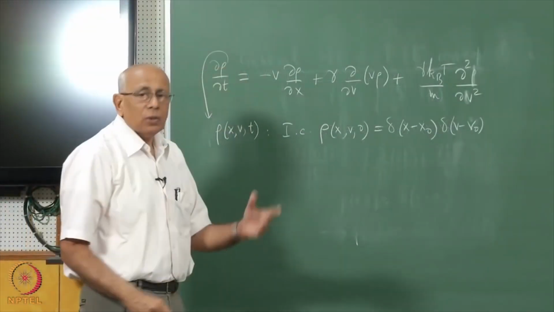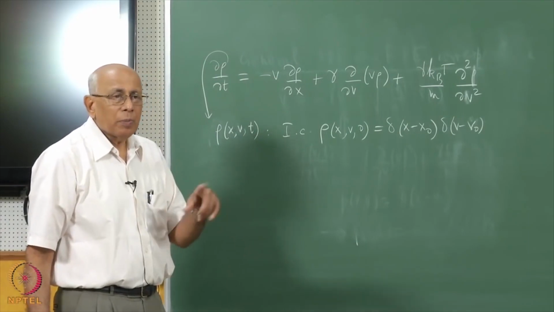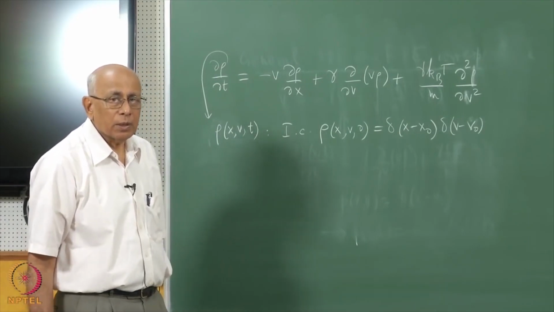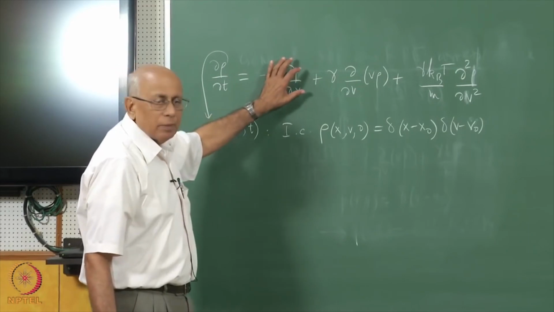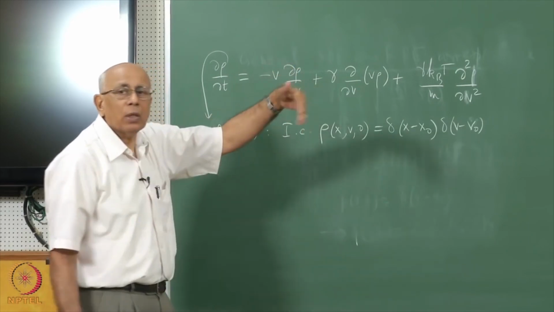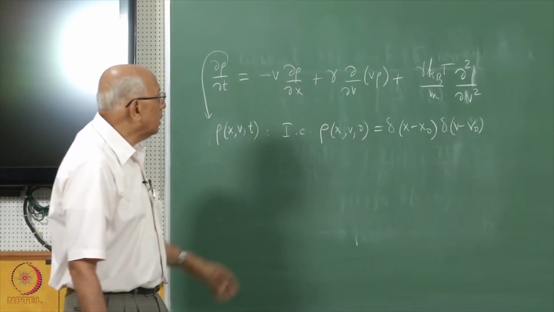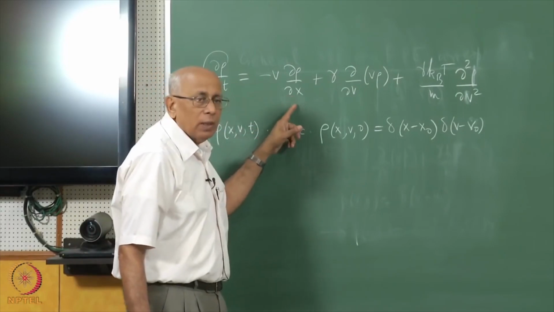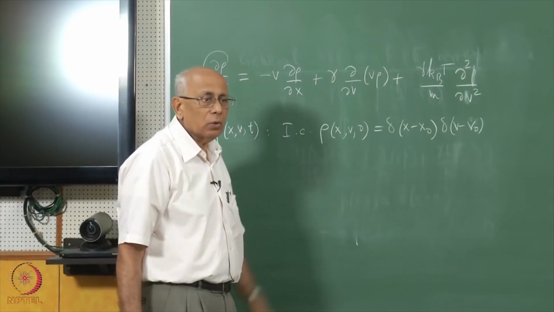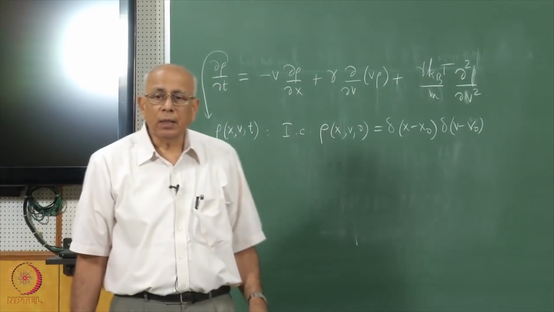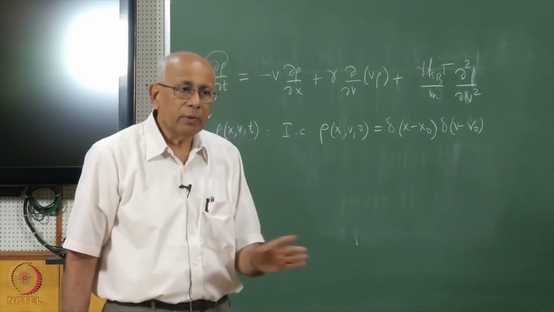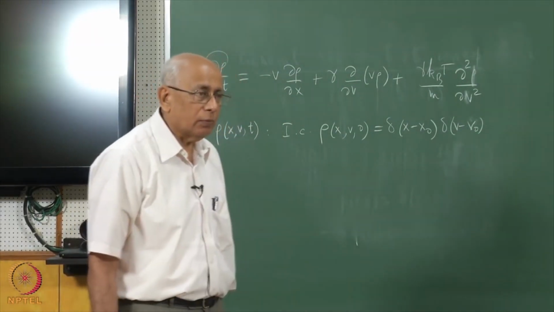It is a little harder to solve than the Fokker-Planck equation for the velocity process alone, which did not have this term. And then we got the Ornstein-Uhlenbeck distribution. Now, you have to use this term as well and solve it. It is not such a trivial solution, but the solution is a general Gaussian in both x and v, a joint Gaussian in x and v.